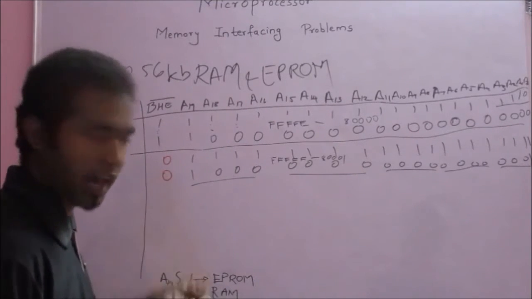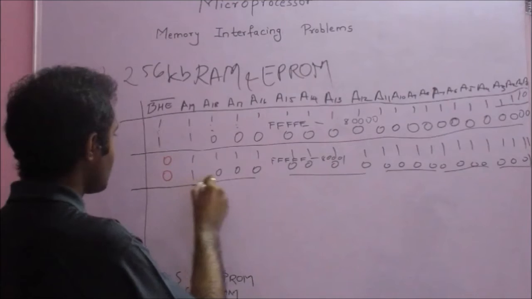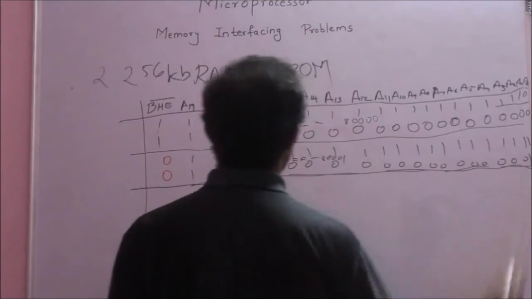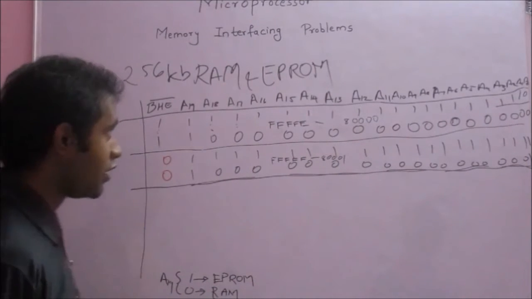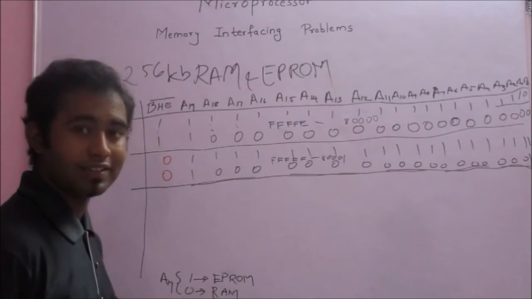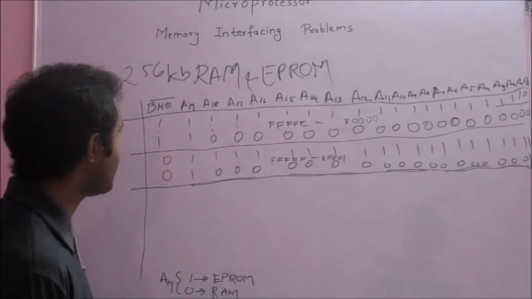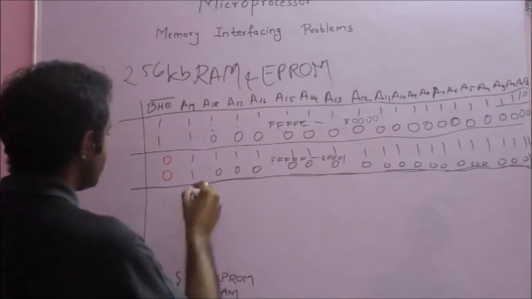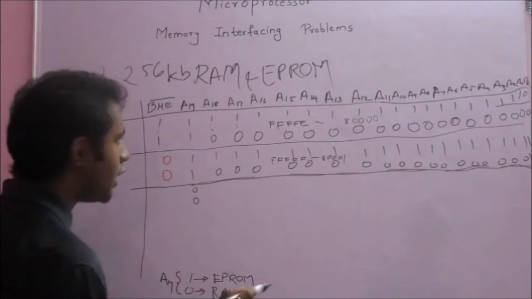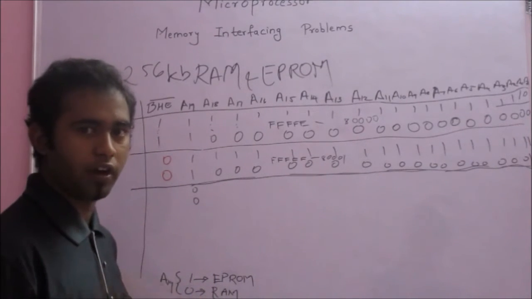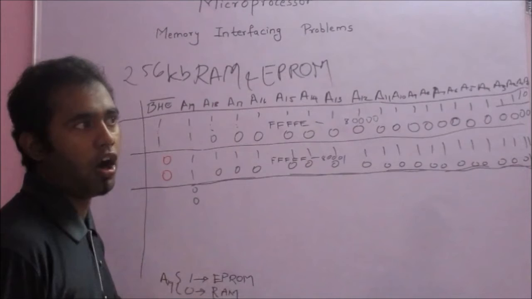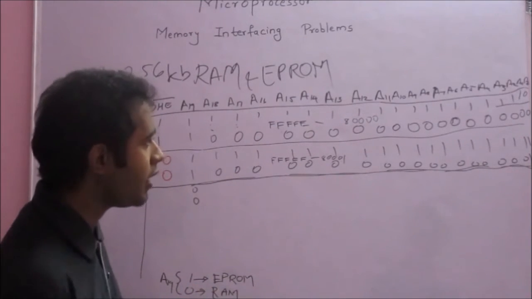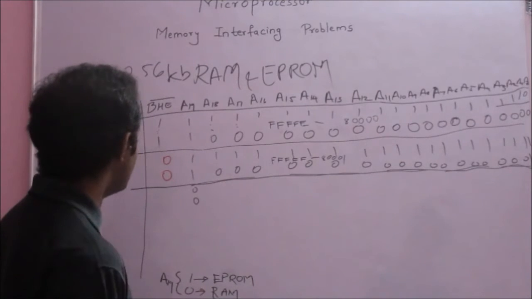We're going for the RAM. Now again same for RAM, but the only thing is A19 would be 0 instead of 1. Same, first we select the even bank and then go with the odd bank.